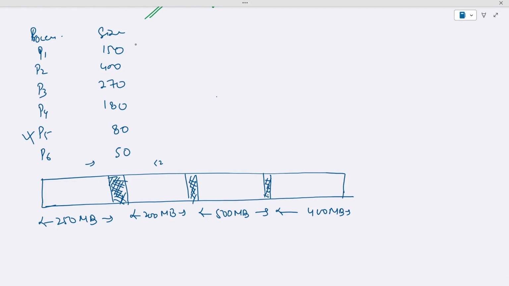We have to put this process in the block with the very highest space. This is what worst fit says. The very highest space is the third block, so we have to put P1 over here. 150 is needed, and we put it in a 500, so a lot of space is left here.